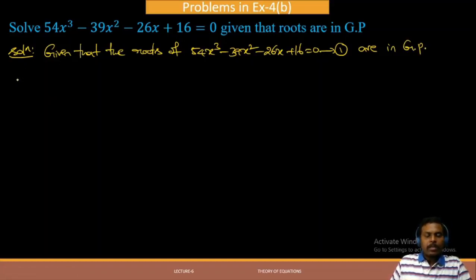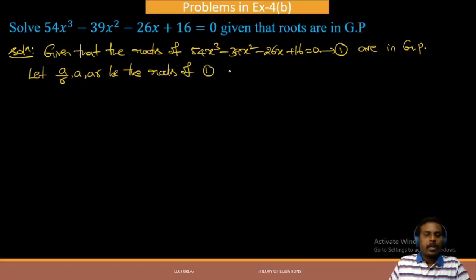We have seen when the roots are in geometric progression how to consider the roots. So let a by r, a, a r be the roots of equation 1, with the common ratio r.